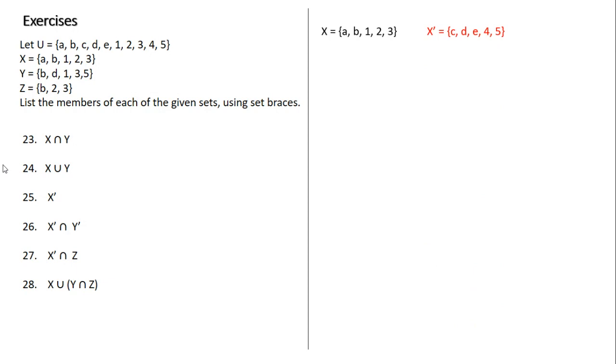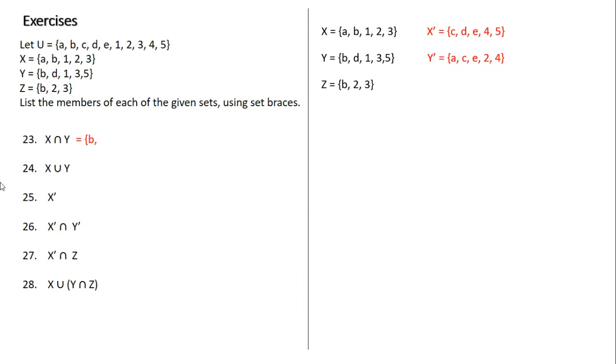He likes to write all the sets that we have. So the not X would be C, D, E, 4, and 5. If this is Y, this would be the not Y. If this is Z, he didn't put the not Z. But okay, let's go ahead and start with 23.